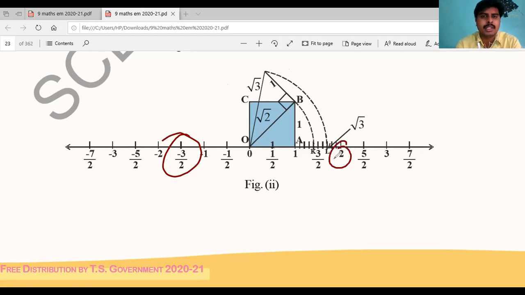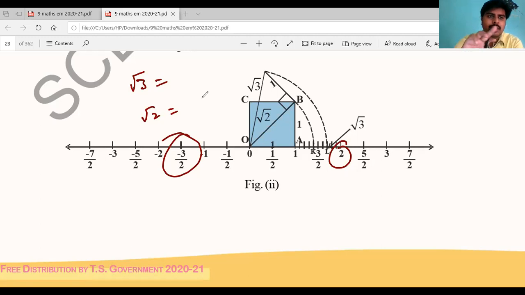But we do not have the exact decimal expansion of root 3 and root 2. We know it is a non-terminating, non-recurring decimal. Neither terminates nor repeats, right? So we don't know the exact length.